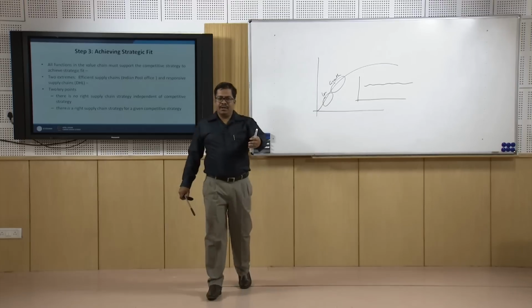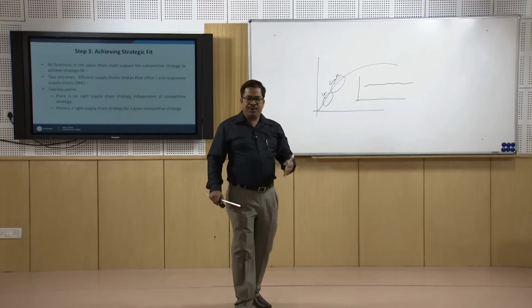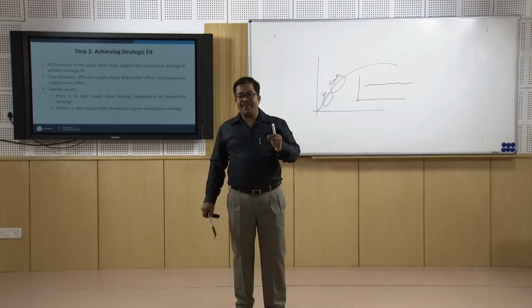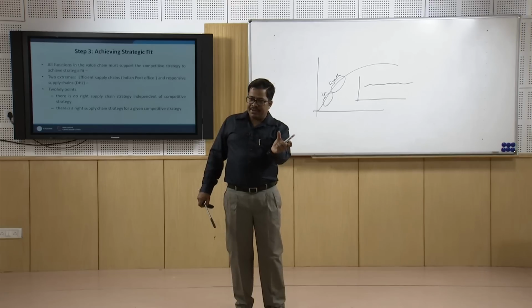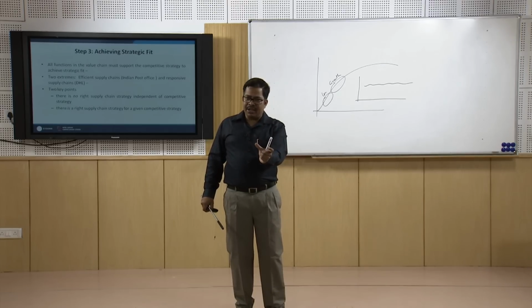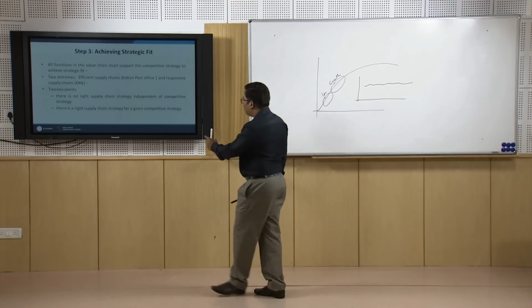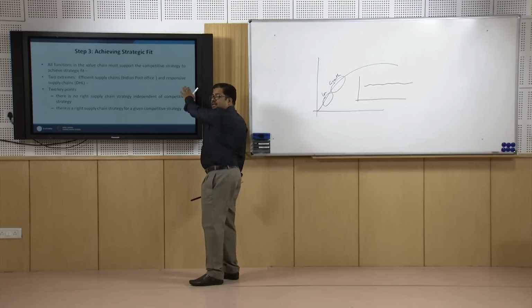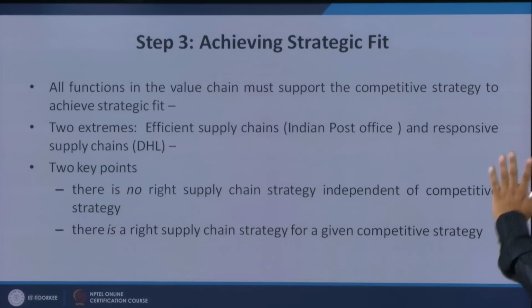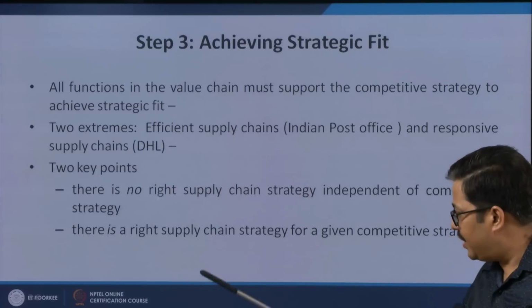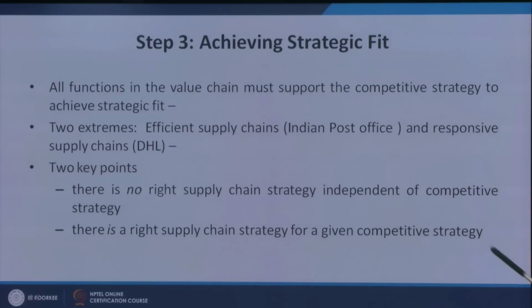On the other hand, DHL is looking at those customers who are very much time sensitive, and this is the competitive strategy of DHL. So, my supply chain strategy must respond to this type of requirement of DHL. And then another important takeaway is there is a right supply chain strategy for a given competitive strategy.